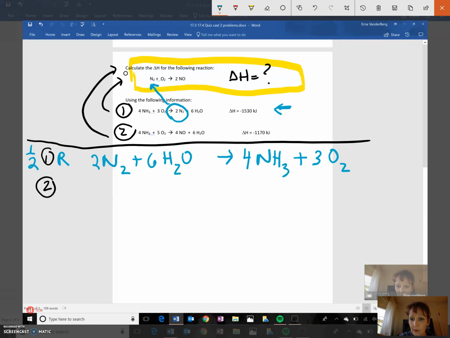That's the reverse, so that means I also have to reverse the enthalpy of the reaction. One more thing, I need to multiply all the coefficients by 1/2.